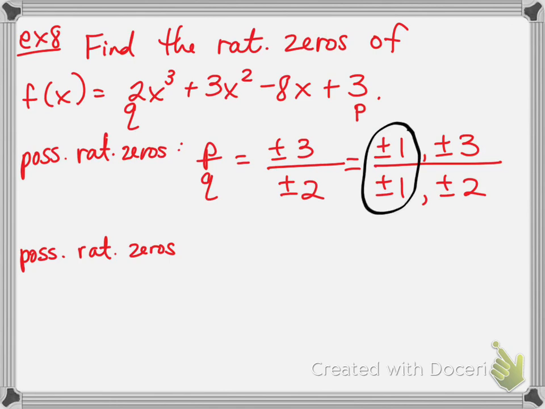So watch what we can do. We can get 1 over 1. So plus or minus 1 is an option. And also I could do the positive 1 over this 2. So plus or minus a half is also an option.